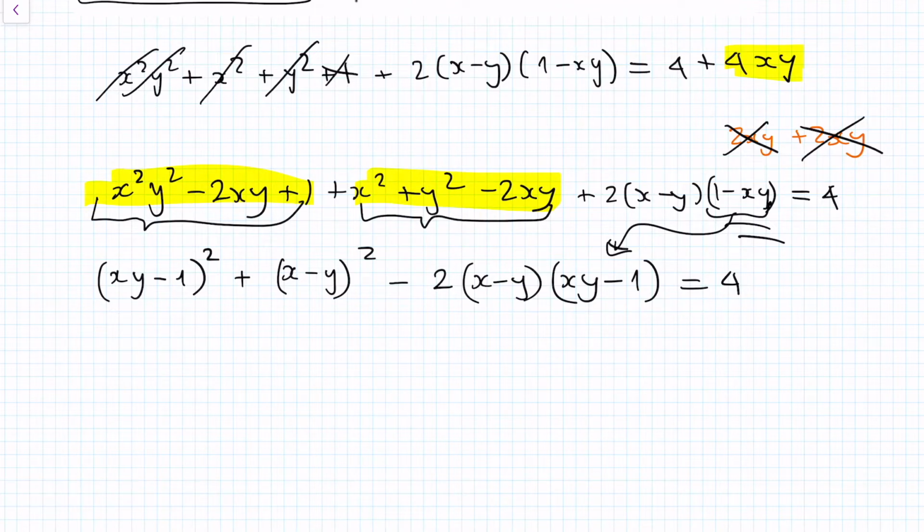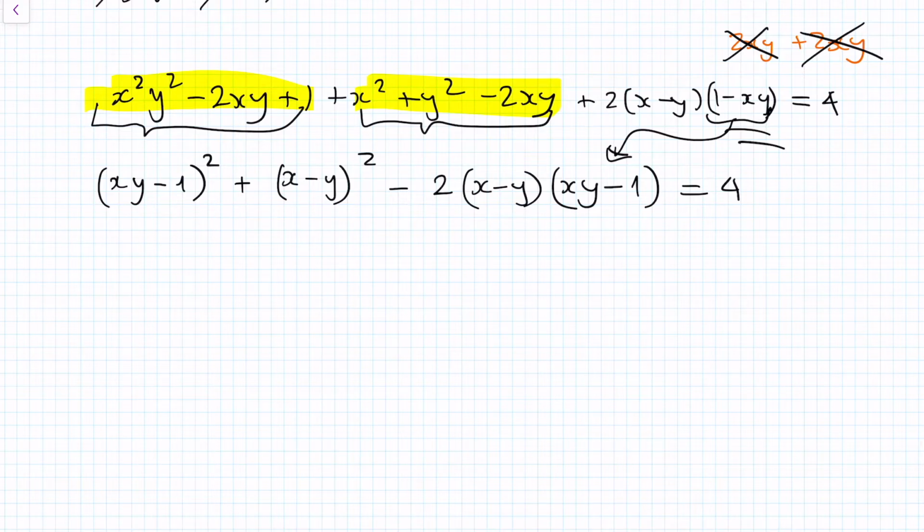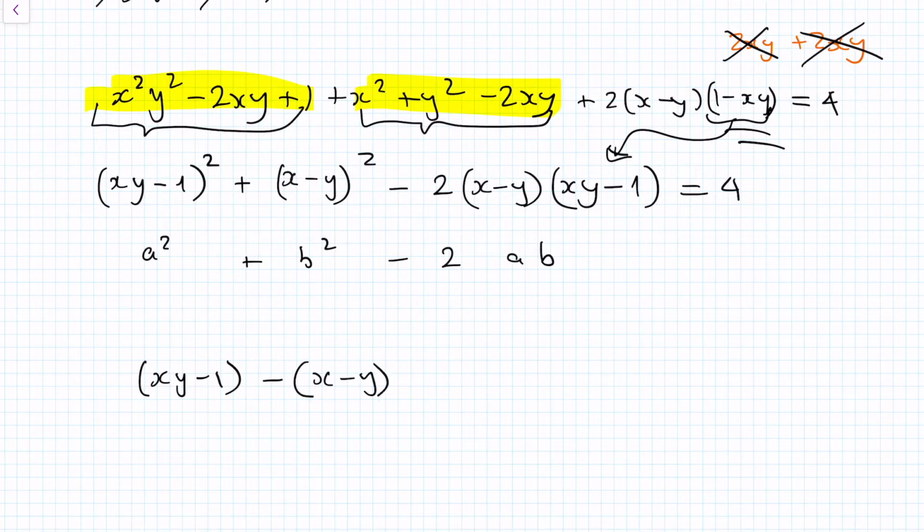Now we are in a much better position, because if you look at it, now this is a squared, this is b squared, this is 2ab, isn't it? So in other words, we can write this as a minus b all squared. So a, which is xy minus 1, minus b, which is x minus y, all squared, isn't it?